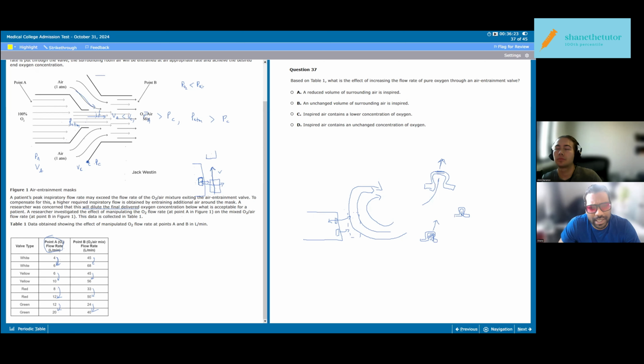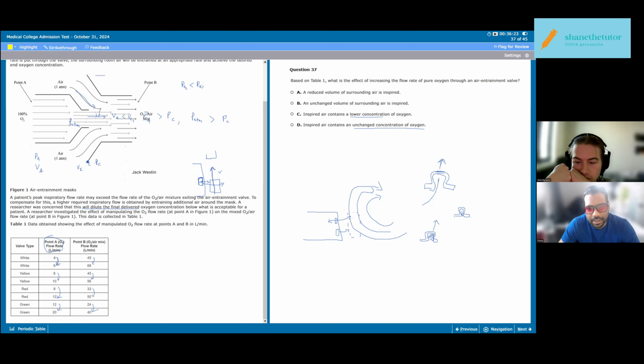So this one's tricky, like between C and D. But I think that the fact that the point B flow rate increases means that you won't dilute that oxygen concentration, because we're having an increase in the flow rate, in the volumetric flow rate, and it's of the same proportion that we change the flow rate at point A. Hmm.